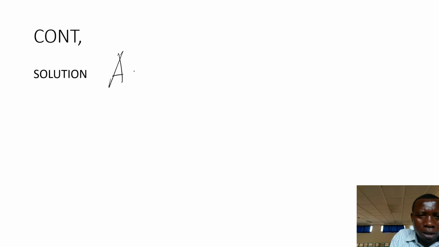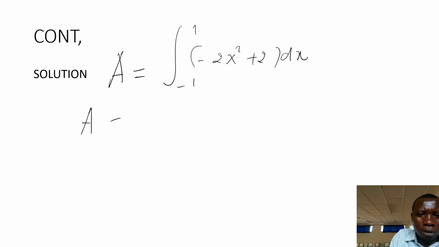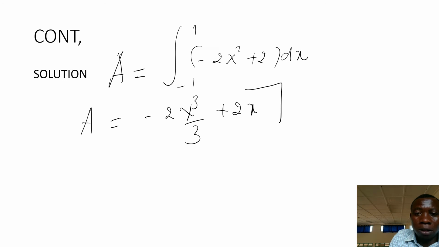So our area is the integral from negative 1 to 1 of negative 2x squared plus 2 dx. Area is equal to negative 2x cubed over 3 plus 2x, from negative 1 to 1.